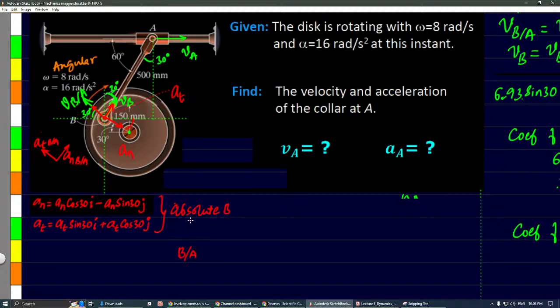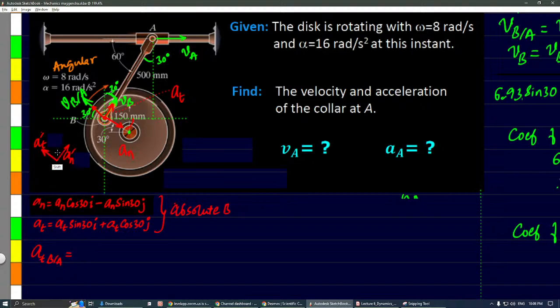Once again, both of these we have to express in component format. For the tangential component of B with respect to A, writing B with respect to A every time becomes very big, so let me just put dashes: AT dash and AN dash.